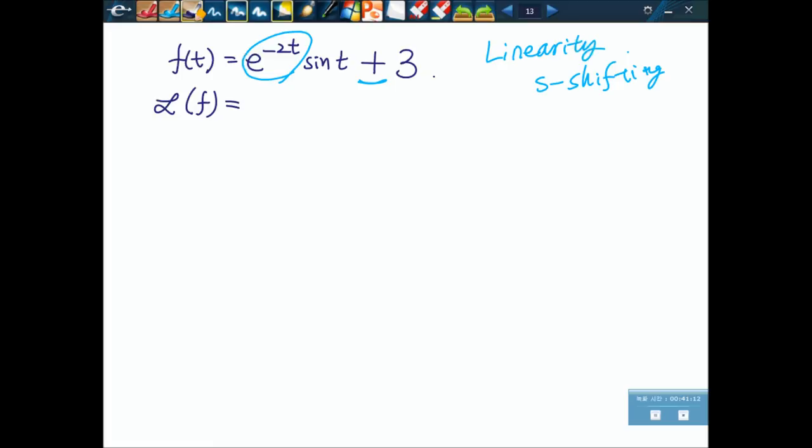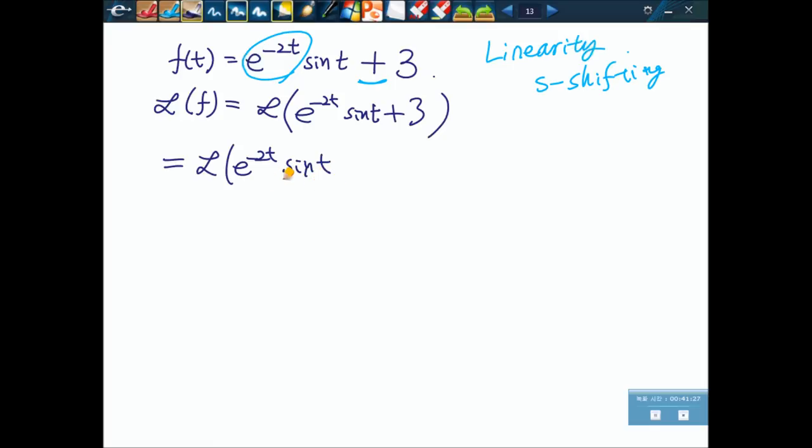All right. So Laplace of, you first take all the functions apart using linearity. So e to the minus 2t sine t: you cannot separate these two because it's a multiplication. But if you have an exponential multiplication, all you have to do is find the corresponding function in S domain.